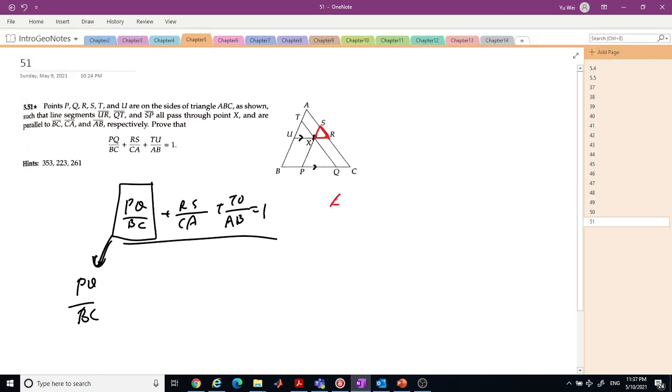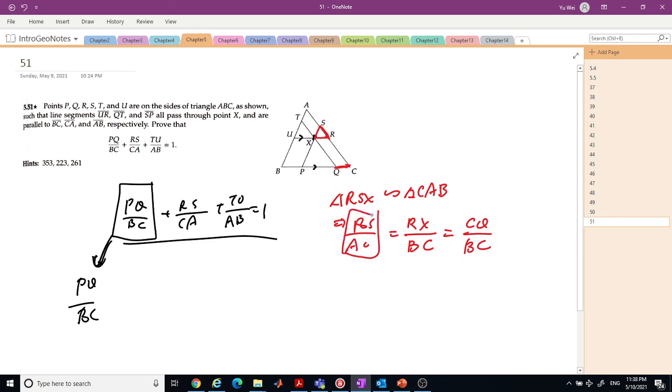Triangle RSX is similar to triangle CAB, so RS over AC is equal to RX over BC, which is also equal to CQ over BC, because this is a parallelogram. Now we have converted RS over AC to a ratio on BC.